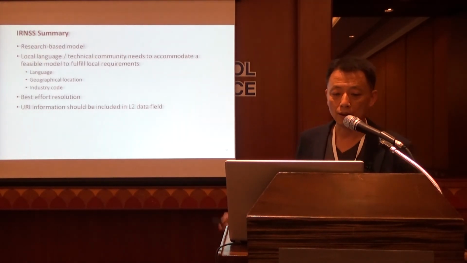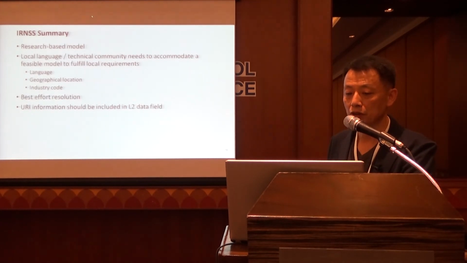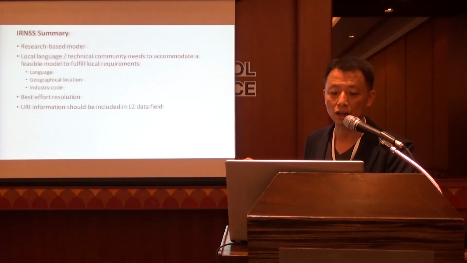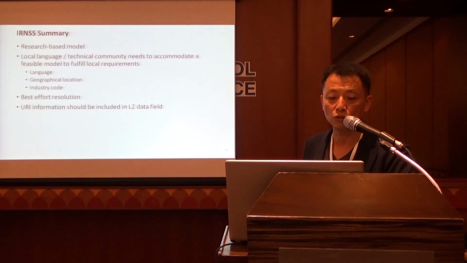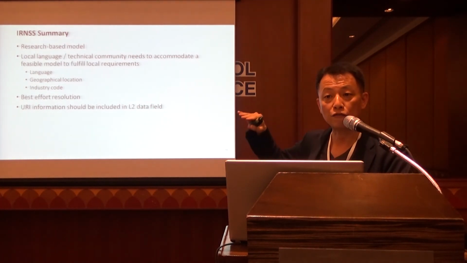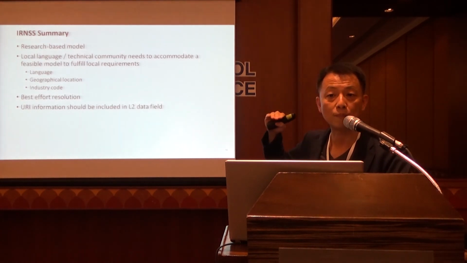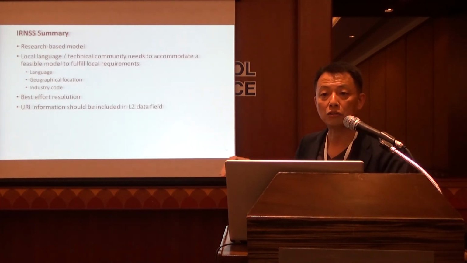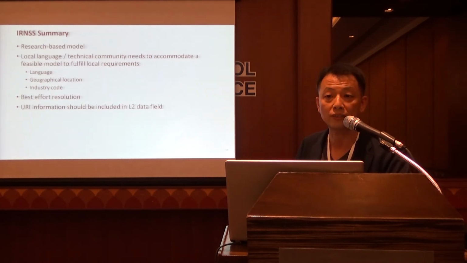So the IRNSS provides for local language and technical communities to accommodate a physical model to fulfill local requirements. What do I mean by fulfilling local requirements? For example, a language attribute, location attribute, industrial code attribute. That's only from the standard point of view. But from the operational point of view, you need to delegate the IRNSS service registry or service operator.